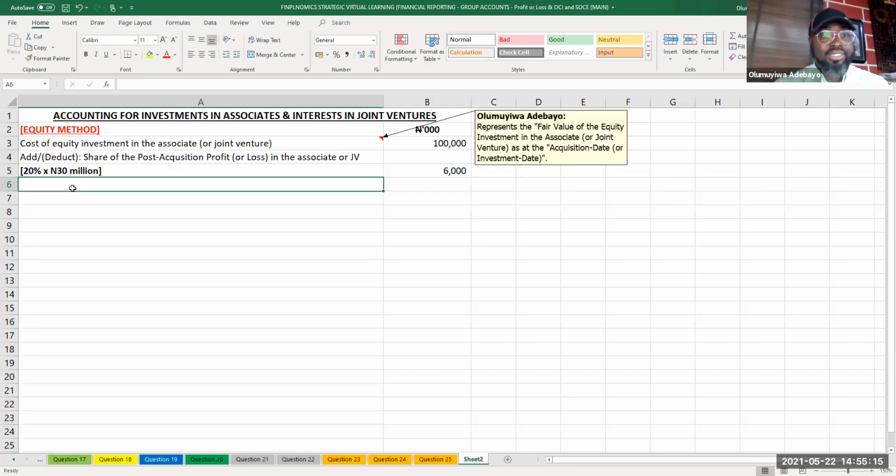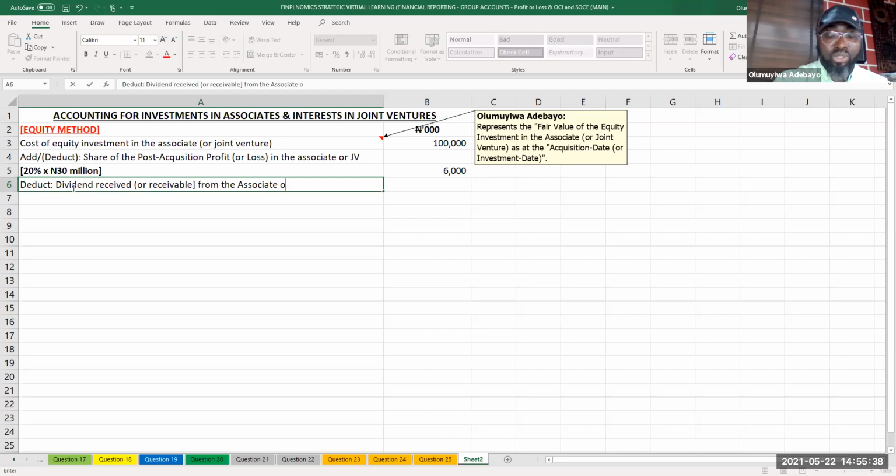The next one is deduct any amount of dividend received or considered receivable, given that it has been appropriately declared from this associate or joint venture.